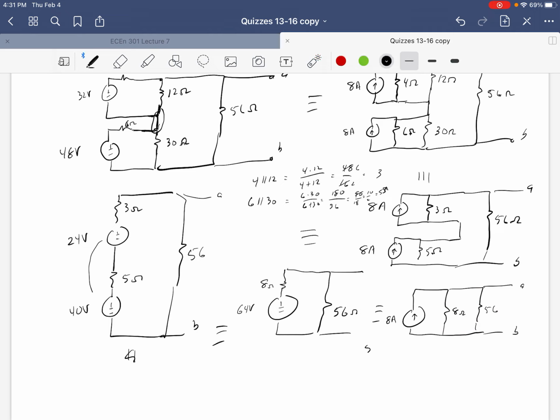56 times 8 divided by 56 plus 8. So on the bottom we have 64. You know what? I'm just going to plug this into my calculator really quick.